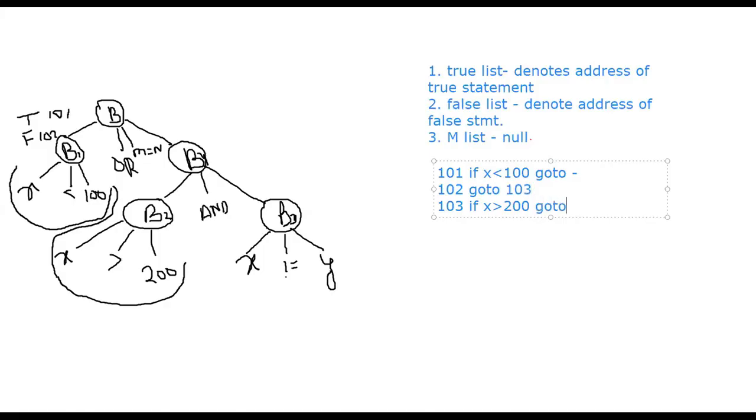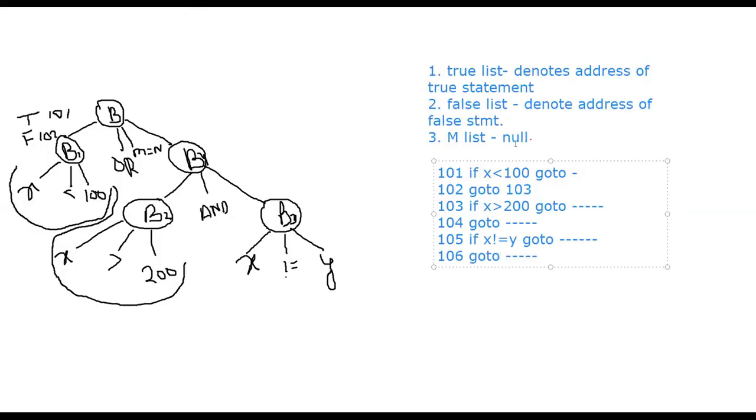Now complete this statement. If this statement is true, then go to blank, right? And at line number 104, I have written the false condition, that is go to blank. At line number 105, what I have written: if x is not equals to y, then go to blank. Go to blank. And what is its else? At 106, I have written go to blank.